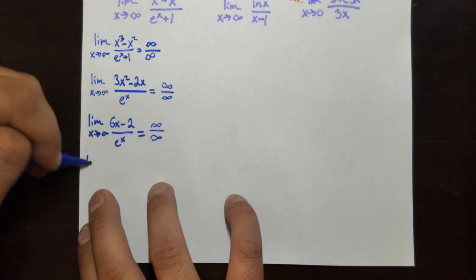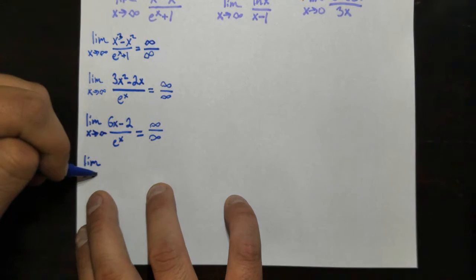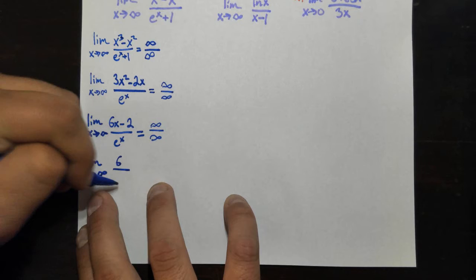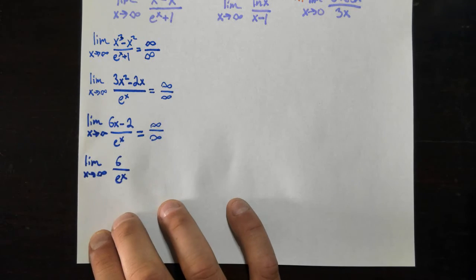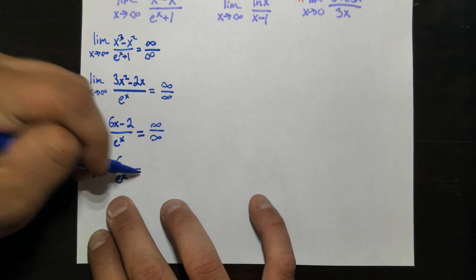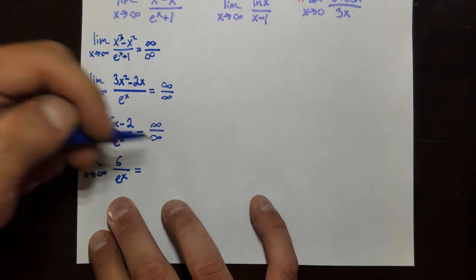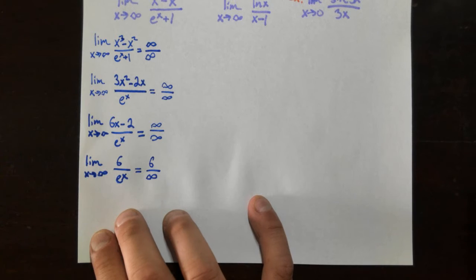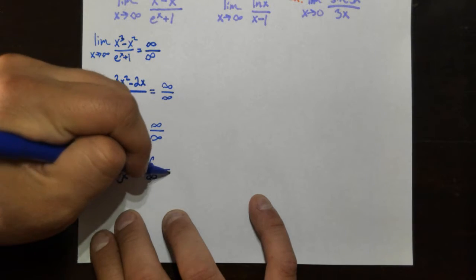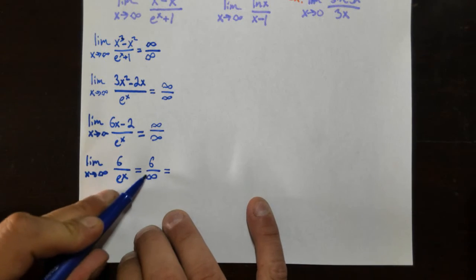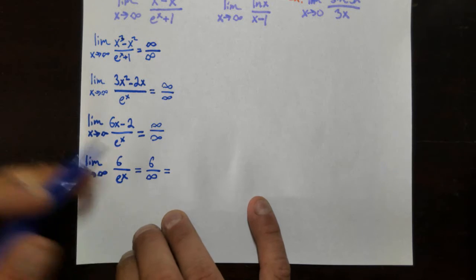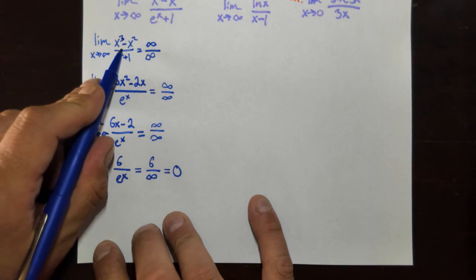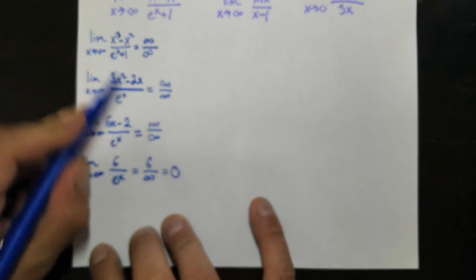The limit as x approaches infinity of 6 over e to the x. This is very nice. The top is just 6, and the bottom goes to infinity. If this gets infinitely large, then this will trend to 0. So the limit of this as x approaches infinity is 0.